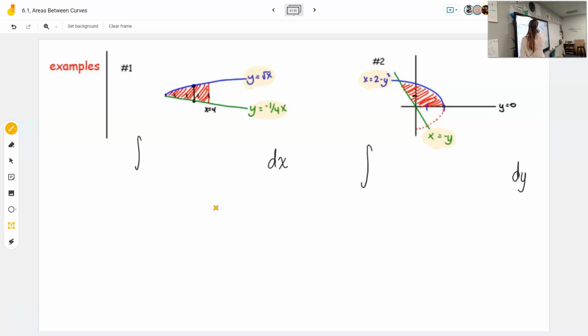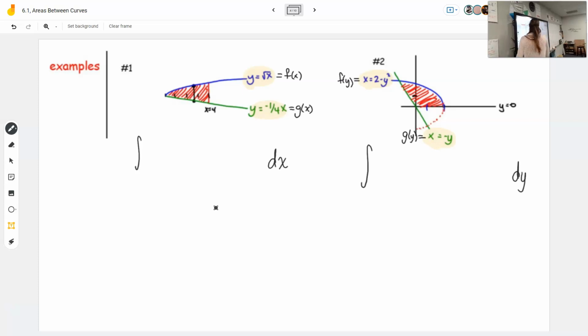So this would be like an f of x. This would be like a g of x. So we're in terms of x's over here. What are we in terms of over here? F of y, because it's in terms of y as my independent, and g of y. So that kind of helps.